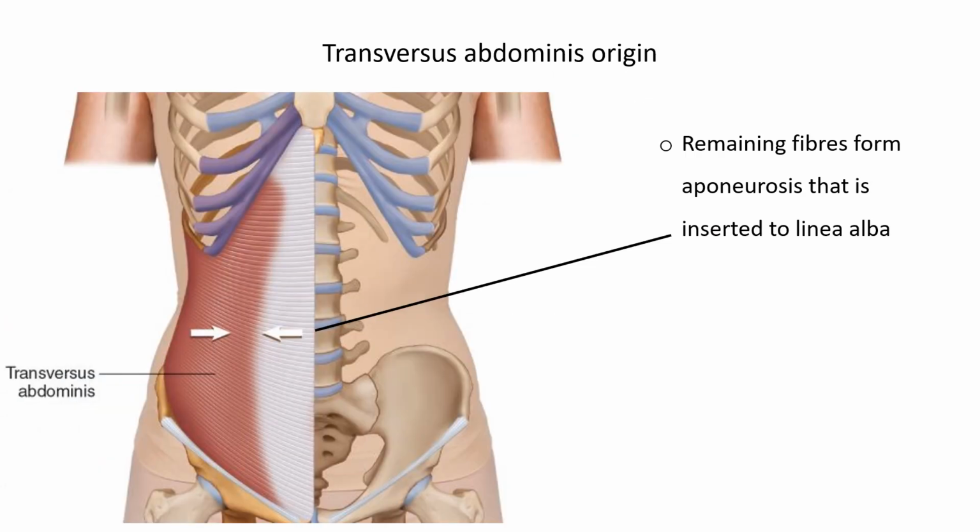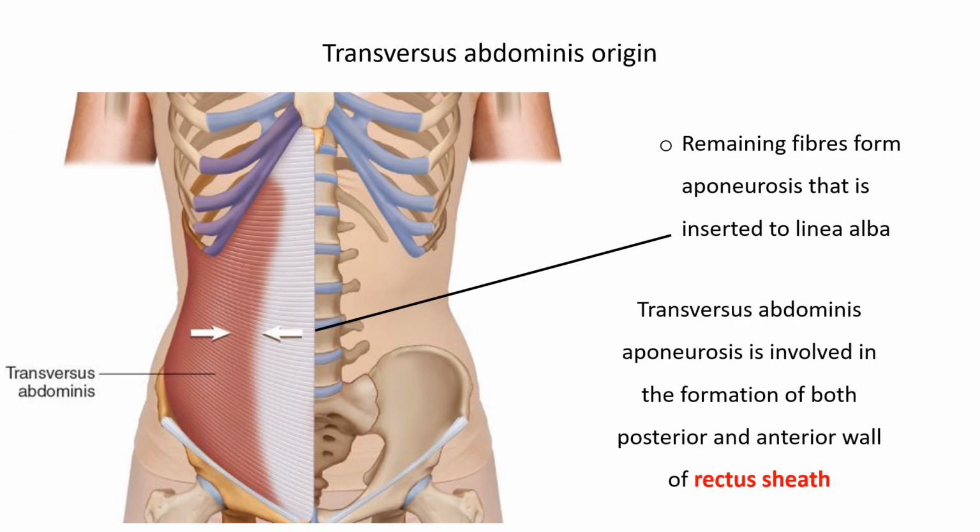The remaining fibers of the transversus abdominis muscle form the aponeurosis, and this aponeurosis forms the posterior wall of the rectus sheath in its upper 3/4, and in the lower 1/4 part, it forms the anterior wall of the rectus sheath. So the rectus sheath is contributed by all the 3 muscle aponeuroses.